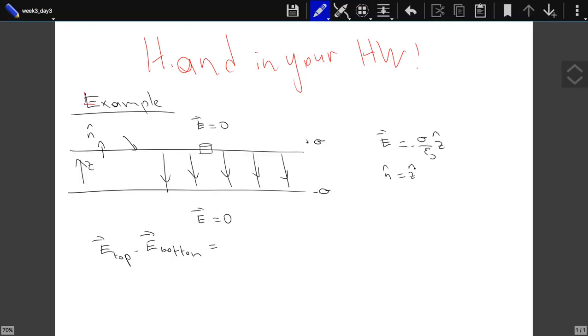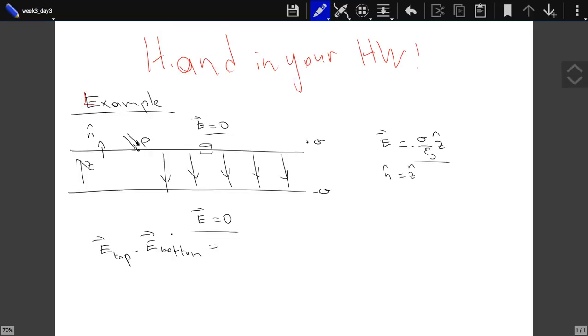So what is the electric field at the top of this point P? The top of that point is this region over here. What is the electric field in that region? Is it this one, or this one?